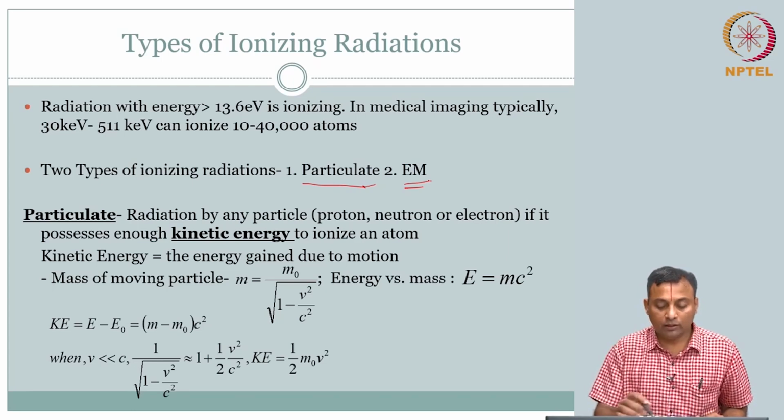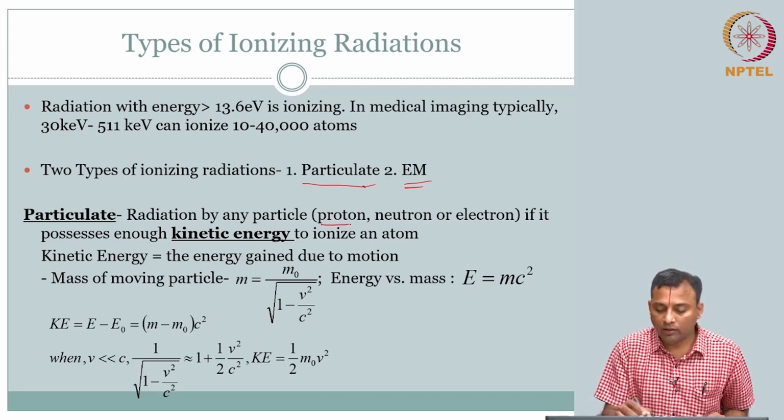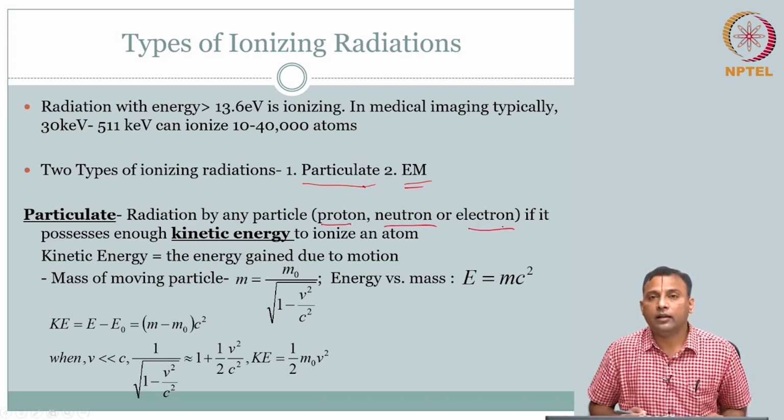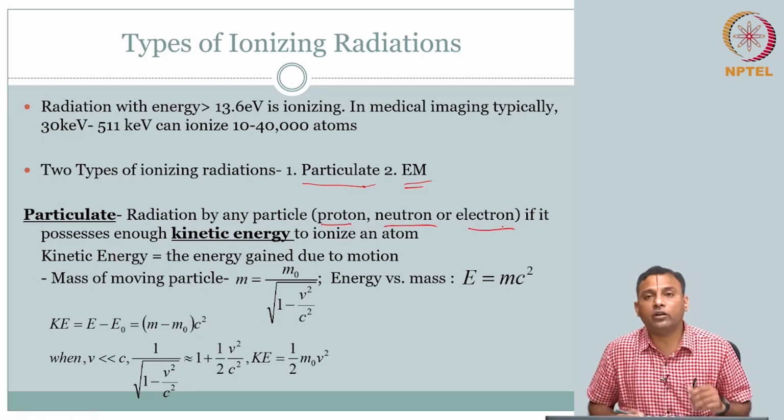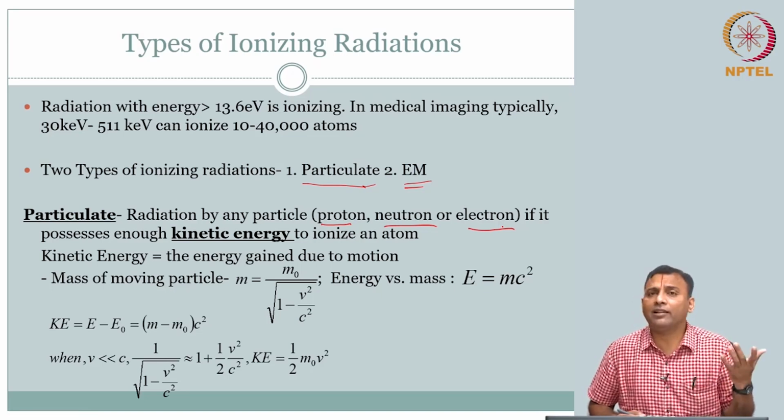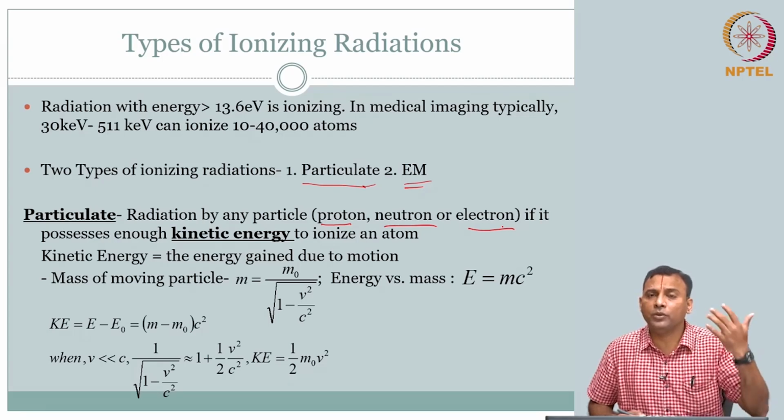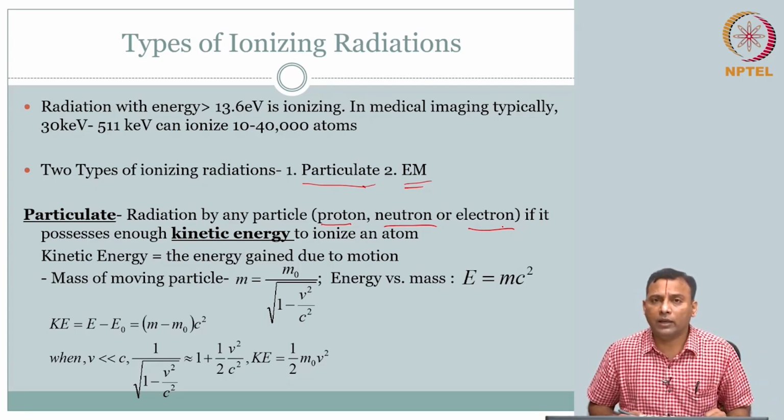So, when we talked about particulate, recall, of course, these are just proton, neutron, electron listed here, but you could also have other particulates, for example alpha particle or beta particle. You will come across those perhaps when we deal with radioactivity, radio tracers, nuclear medicine that we kind of introduced.